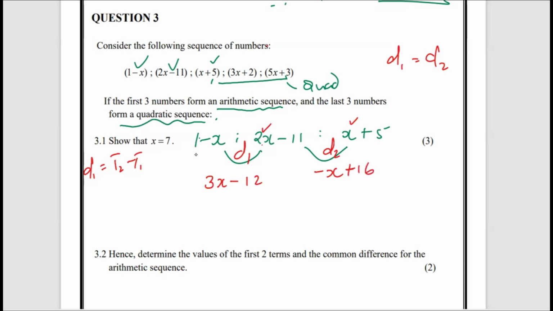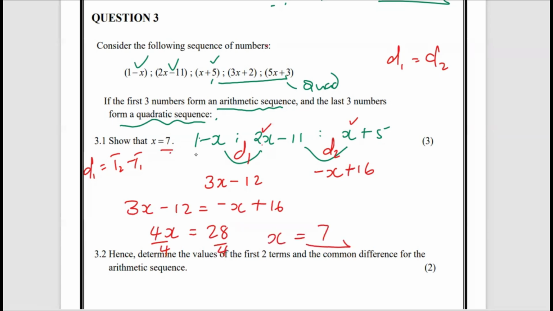So then what I'll have to do now is equate the two, since D1 must be the same as D2. So 3x minus 12 is equal to negative x plus 16. We transpose, we collect the like terms. I move this to that side, it's going to be 4x. When I move this to that side, it's going to be 28. Then divide both sides by 4, which means our x is 7, just as the question said.